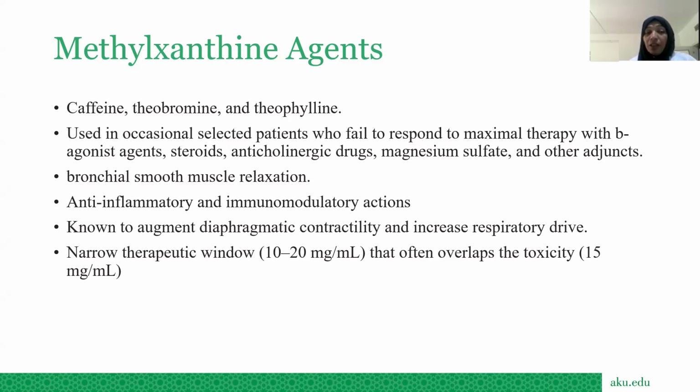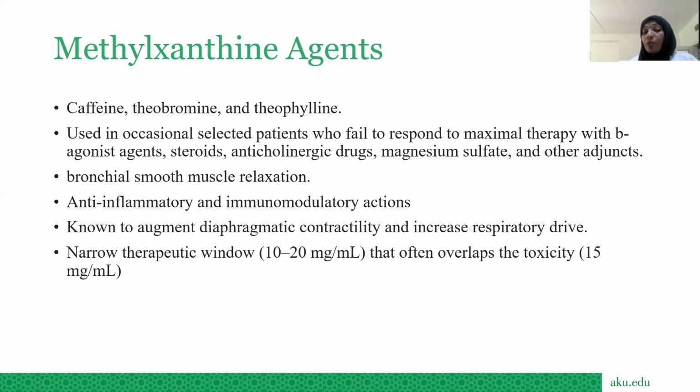Methylxanthine agents. These agents are caffeine, theobromine, and theophylline. They are used in occasional selected patients who are failing to respond to any therapy previously used, so we can use theophylline in this patient. Its mechanism of action also causes bronchial smooth muscle relaxation, but it has added anti-inflammatory and immunomodulatory actions.